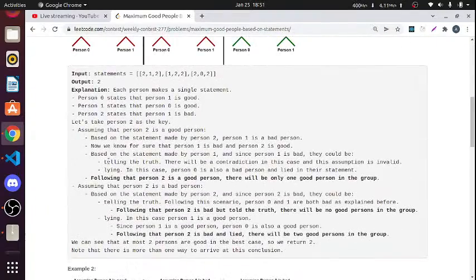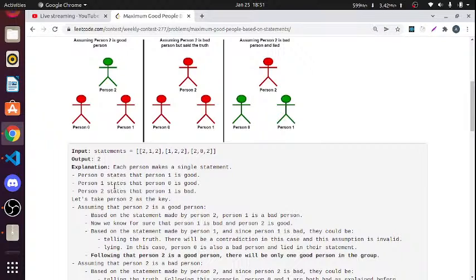Okay, let's try again. Person 2 stated that person 1 is bad, right? Person 0 stated that person 1 is good, right?